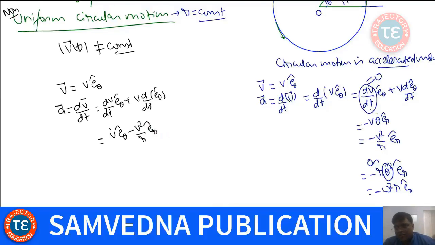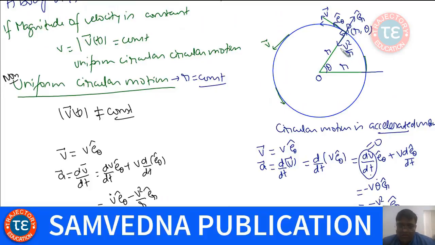in that case you'll have acceleration in the radially inward direction and also transverse acceleration. You'll have an acceleration V squared by r radially inward, and depending on whether V dot is positive or negative, it will have acceleration in the direction of e theta or opposite to e theta.